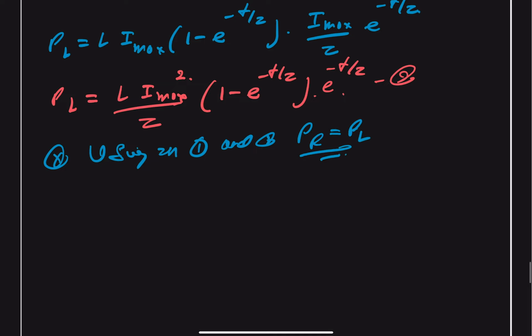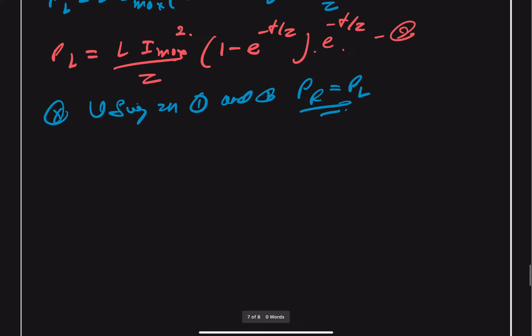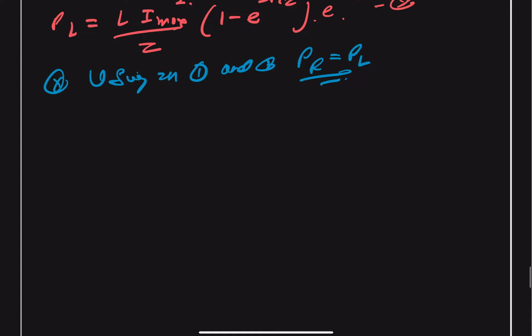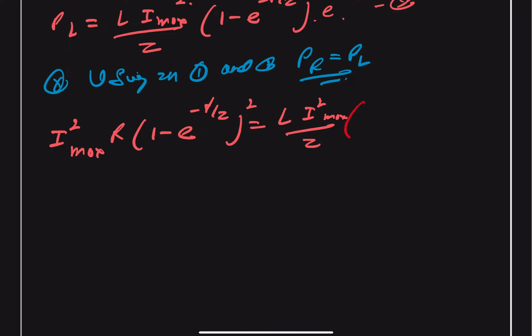Under this condition, we have to find out the time t. So let us equate them. We get I square max times R times 1 minus e minus t upon tau whole square is equal to L I square max divided by tau times 1 minus e minus t upon tau, and this is e raised to power minus t upon tau.